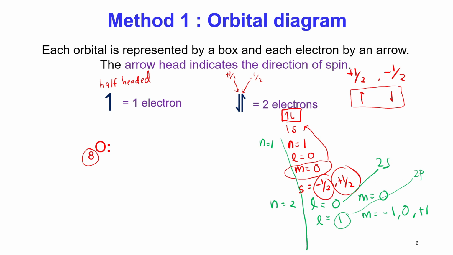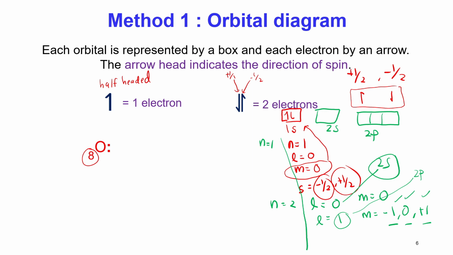So remember, the number of m represents how many boxes we need to draw, or the orbitals of the suborbital. So after 1s we have 2s, one box, and 2p, we have 3 boxes representing negative 1, 0 and positive 1.